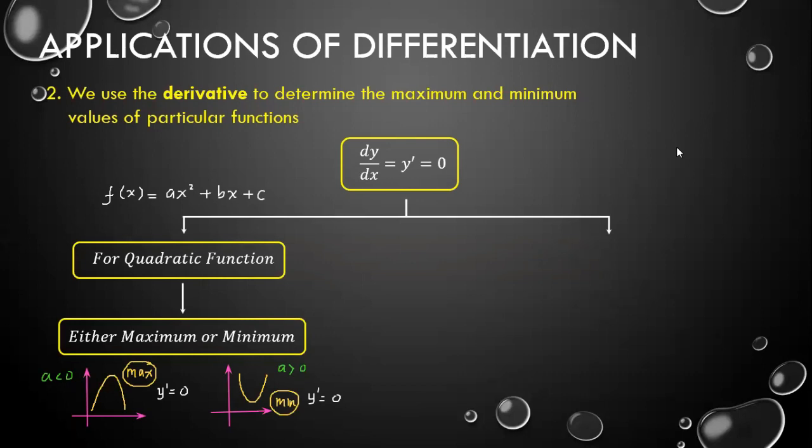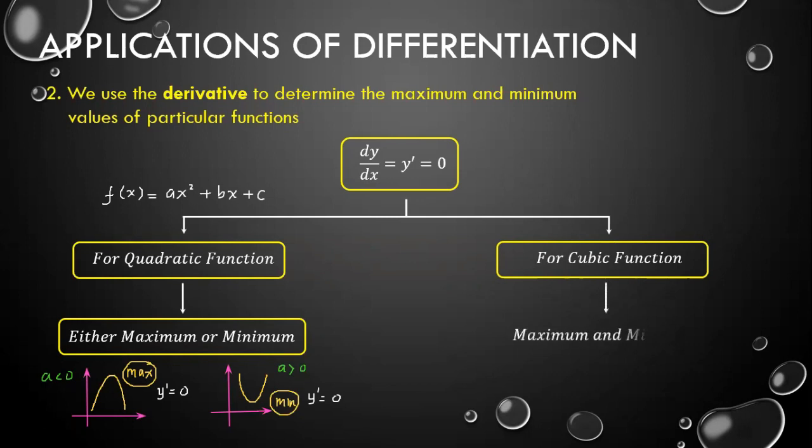Okay, students, what about the cubic function? For a cubic function, there is a little bit of difference from the quadratic function. For the cubic function, for both we'll find a maximum and minimum point.